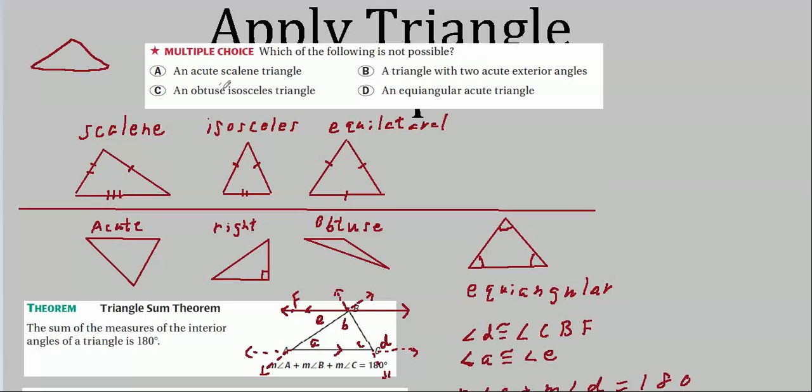You can do that. An equiangular acute triangle. Well, we can set up a little equation and prove that's possible in about 3 seconds. If all the angles are equal, let's refer to one angle as x. And x plus x plus x equals 180, or 3x equals 180, or every single angle equals 60.